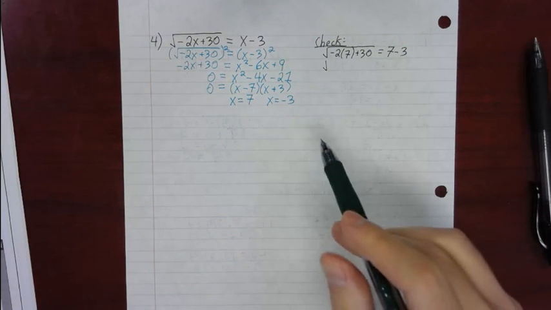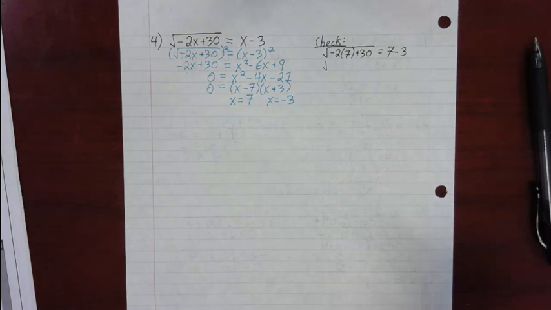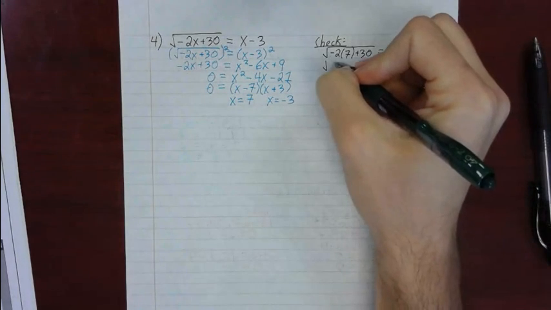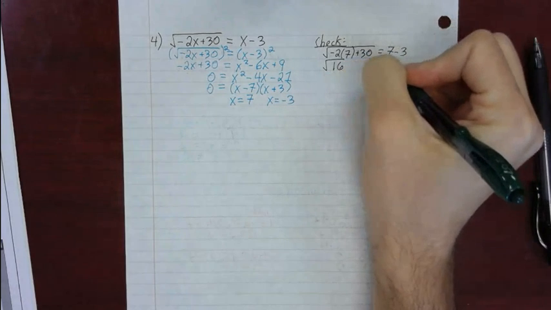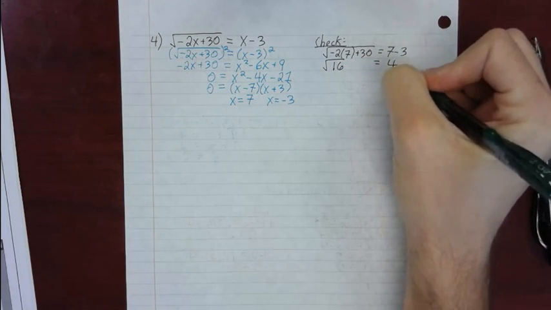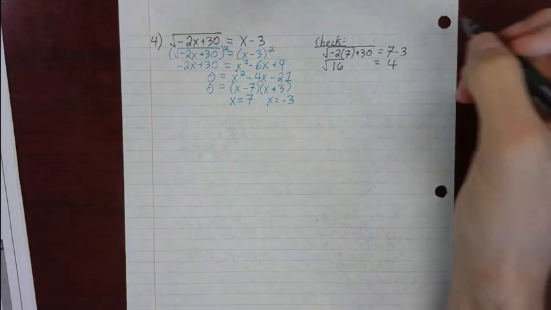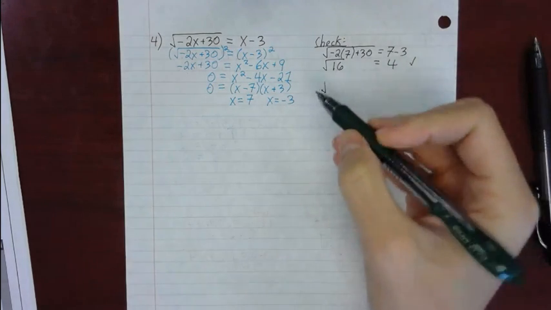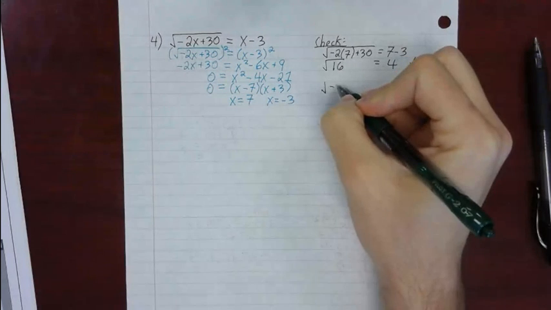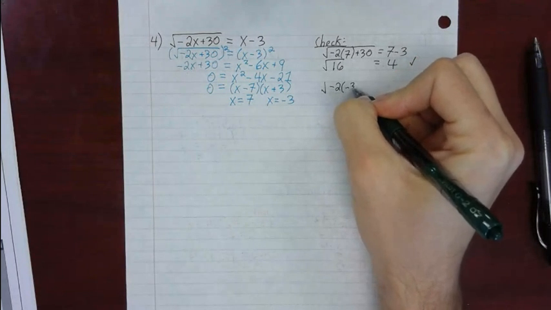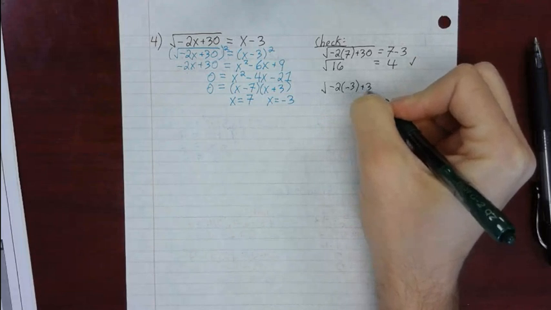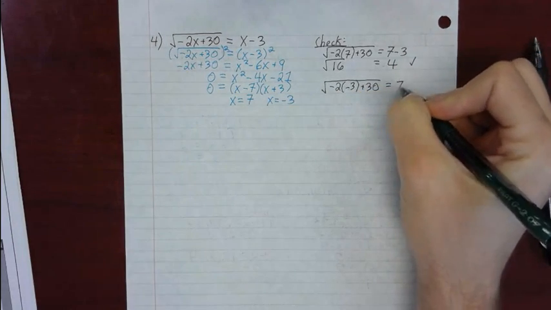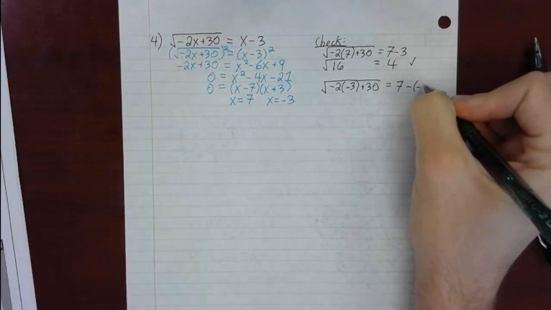Negative 14 plus 30 is going to be equal to 16. And the right side is equal to 4. We know the square root of 16 does equal 4, so that checks out. Checking our second answer, x equals negative 3, we have the square root of negative 2 times negative 3 plus 30, which should be equal to negative 3 minus 3.